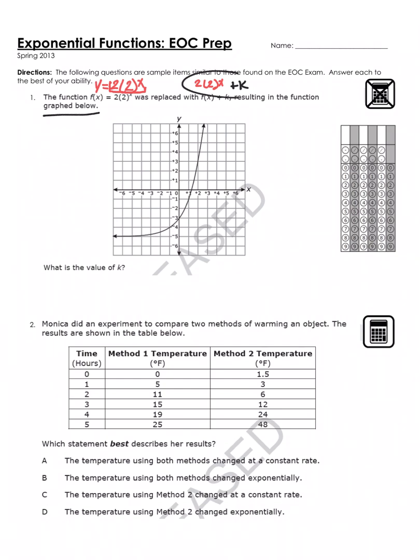So this part right here is already graphed for us, and it's asking us what is the value of k. So let's dive in and remember our exponential function formula. We can use f of x or y is equal to, either is the same, a times b to the x.